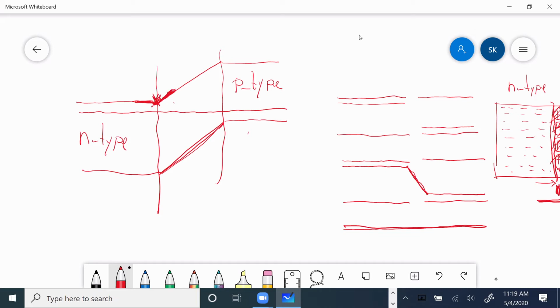Why? Because now the Fermi level and the conduction band get further and further away. Remember we said the distance between the Fermi level and the conduction band determined how N-type this was? So I'm getting further away, the conduction band further away from the Fermi level.